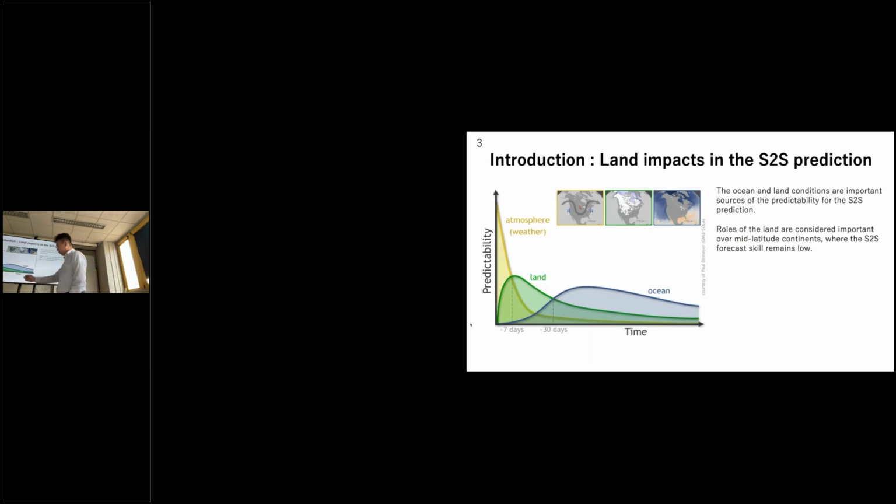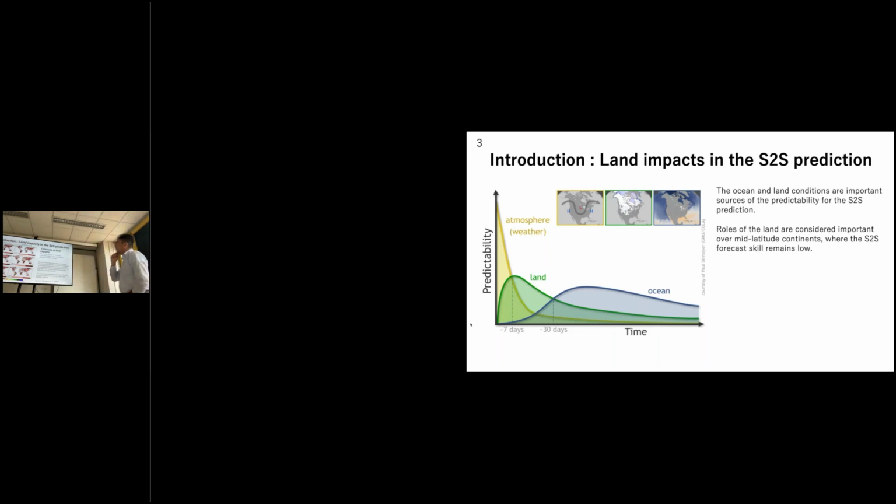In very short range, the initial conditions, the information basically came from atmosphere. If we look at the longer time range, actually we also have the land impact and ocean impact. These are the important sources of predictability for subseasonal and seasonal prediction.